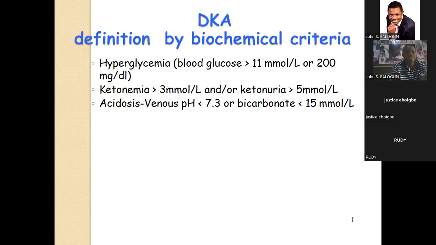Ketonemia is when the level of ketone in the blood is greater than 3 millimole per liter, or when the level in the urine is greater than 5 millimole per liter. What is acidosis? Acidosis is when the venous pH is less than 7.35, or when the bicarbonate level is less than 15 millimole per liter. I hope this is clear.